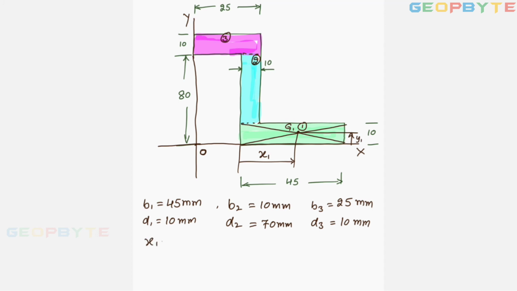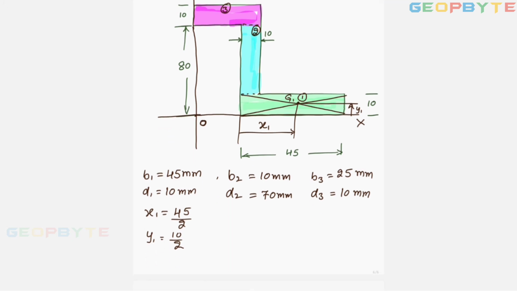Tell me what is the x1? x1 equal to 45 by 2, y1 equal to 10 by 2.